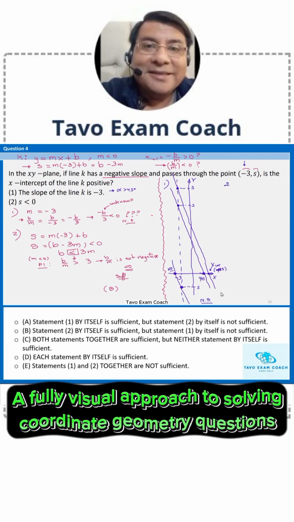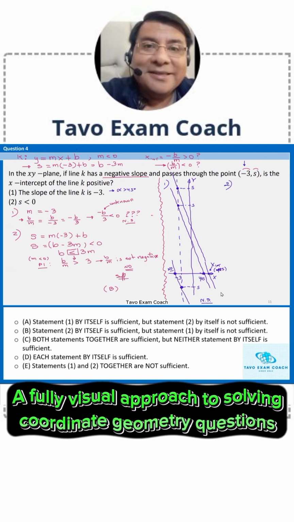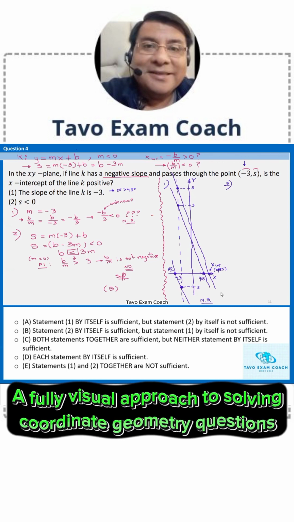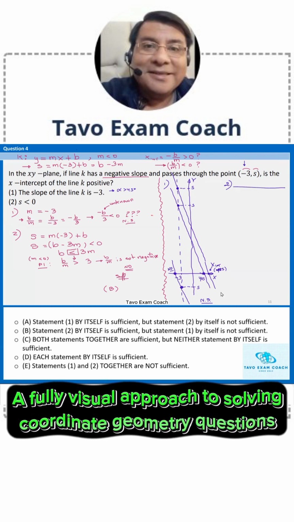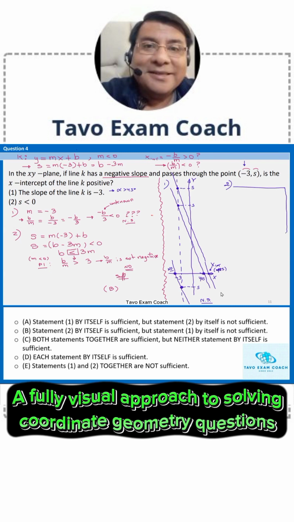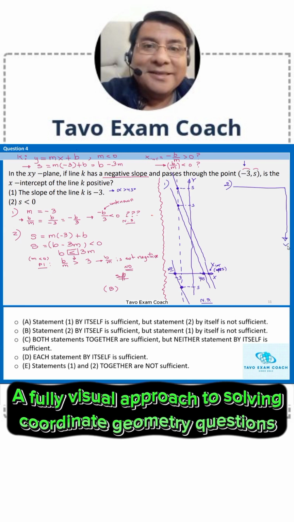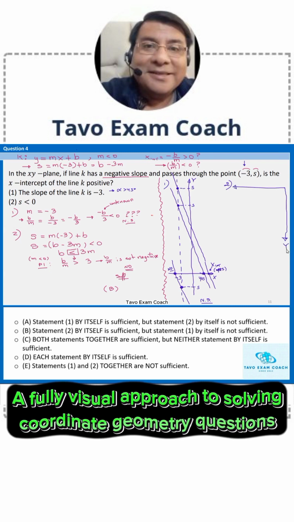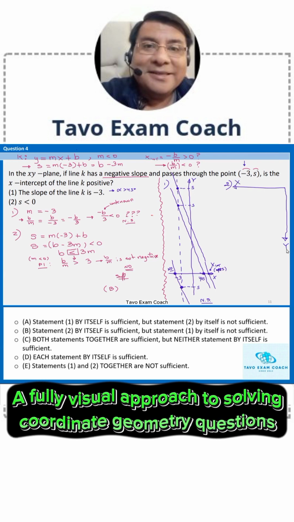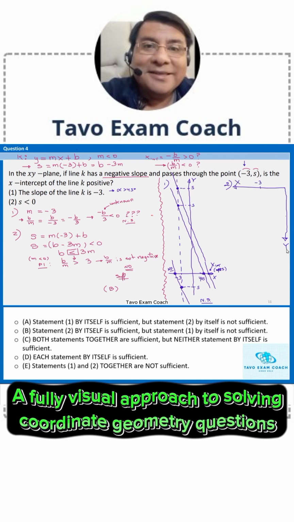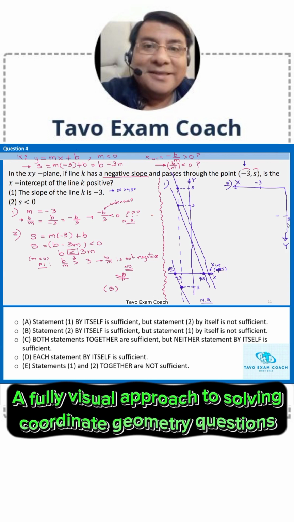Now, in statement 2, we are given the sign of S. So that makes clear that whatever the value of S, being just negative means that the passing point -3, S must be located somewhere over the third quadrant only.